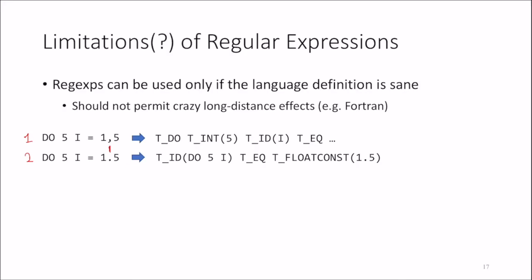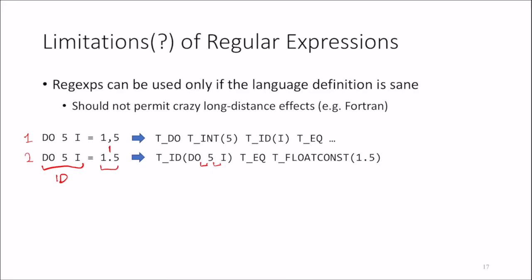Now, Fortran allows you to have spaces inside your identifier definition. So in this second case, it tries to treat this as an identifier, but it's super long distance, because you only know that it's an identifier once you reach this dot over here.